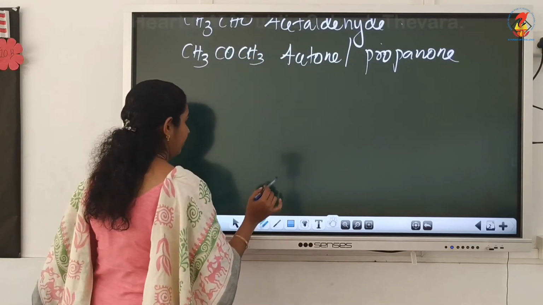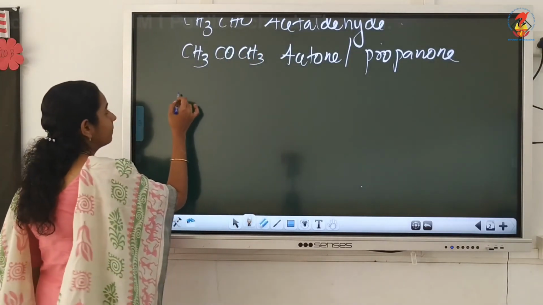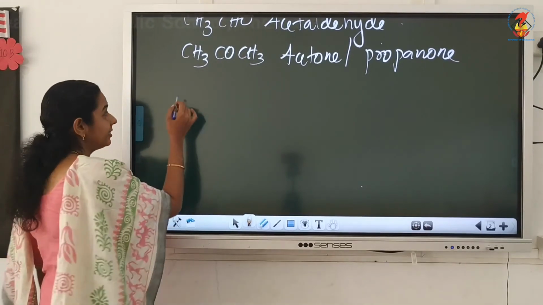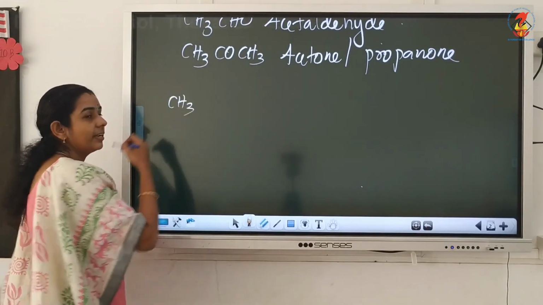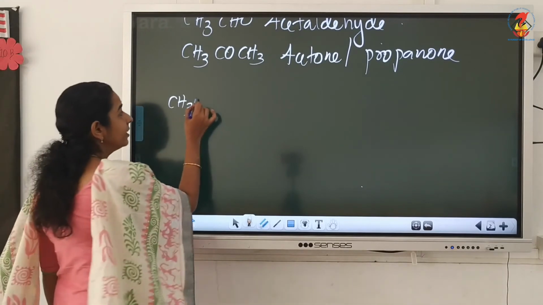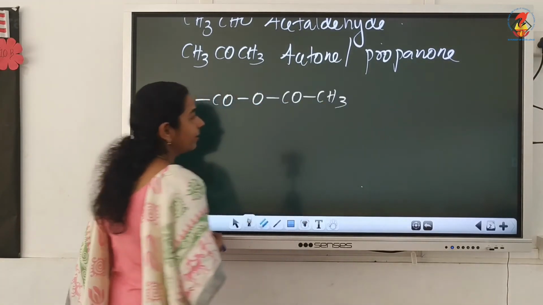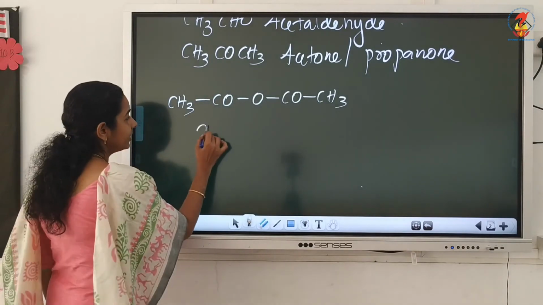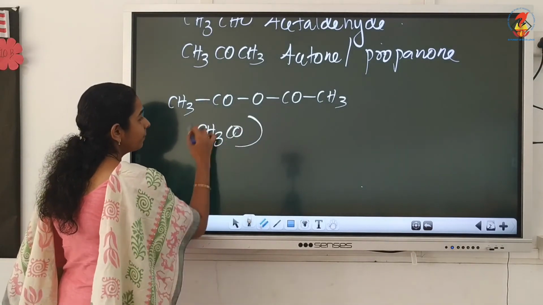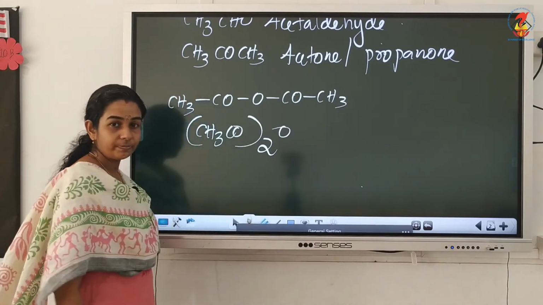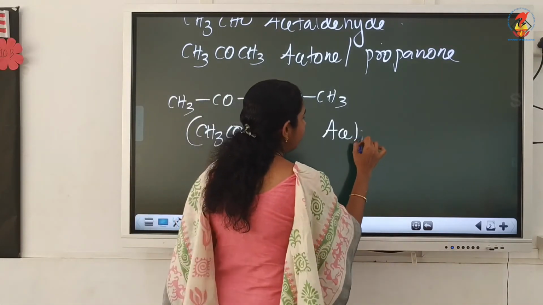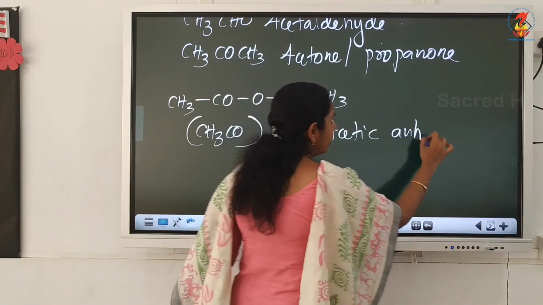Then the next is acetic anhydride. Acetic anhydride, what is the formula? We have already studied in 11th standard, CH3CO-O-CO-CH3, or we can write it as CH3CO twice O. What is the name of this compound? It is acetic anhydride.